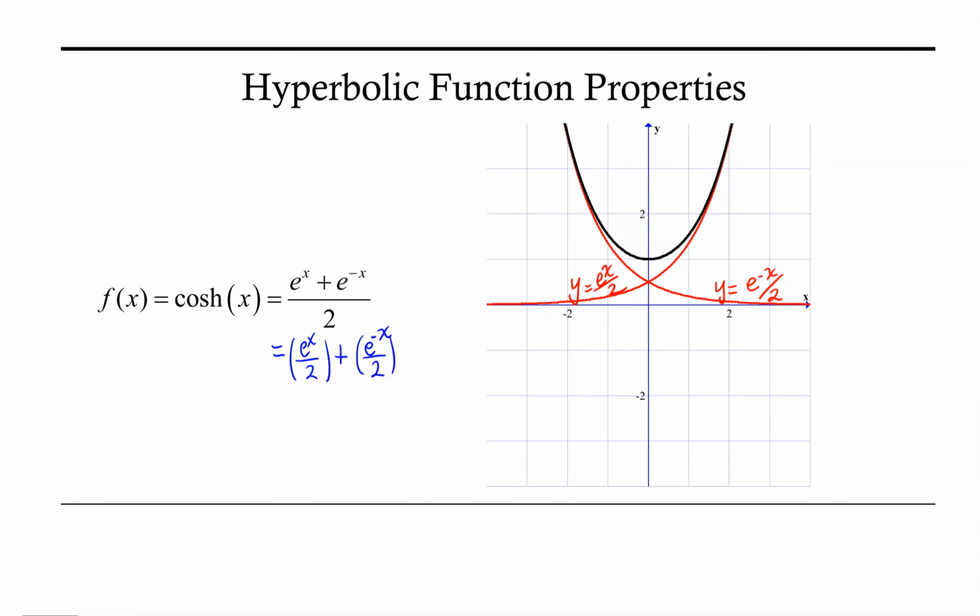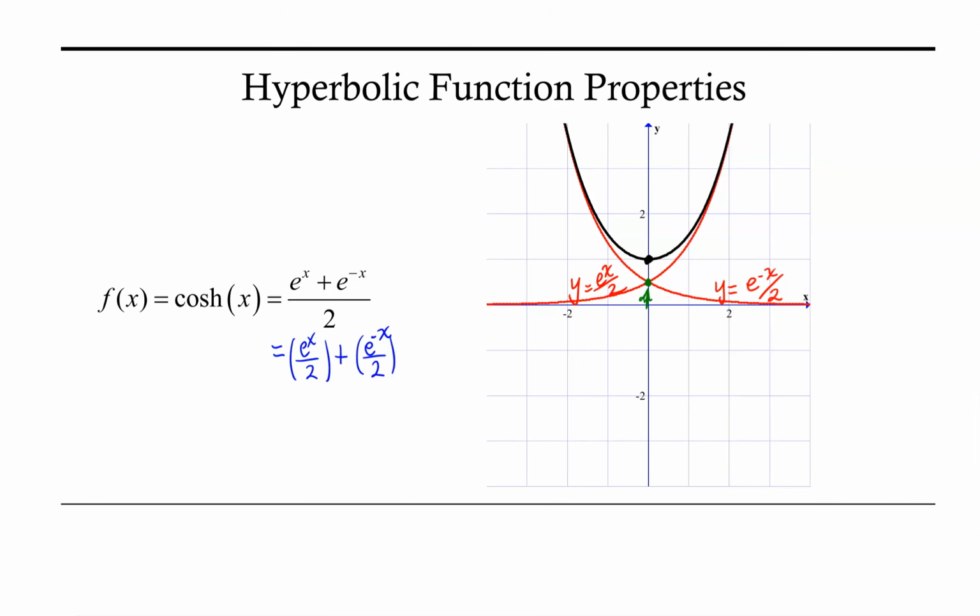So for example, we could look here where x is equal to 0. And where x is equal to 0, both e to the x over 2 and e to the negative x over 2 return a value of 1/2. And so we would be adding 1/2 and 1/2, which would give us a function value for cosh of 1/2 plus 1/2, or simply 1.